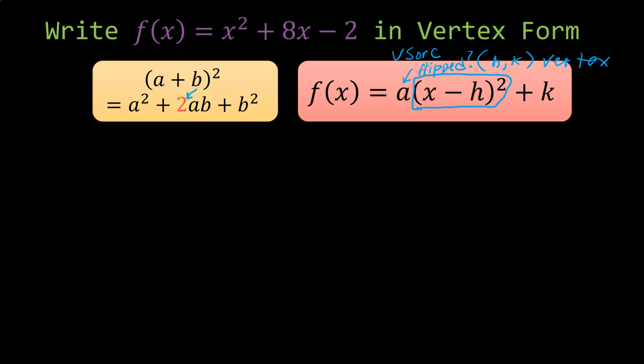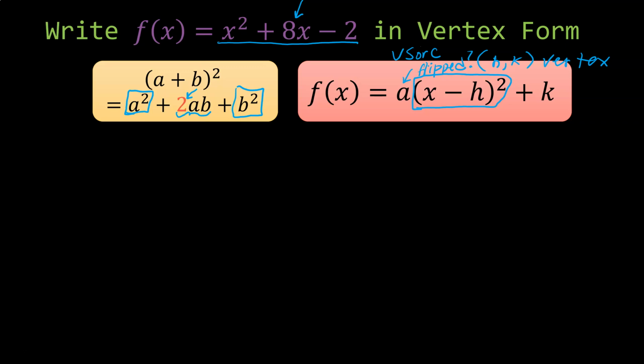So we have the first term squared, the second term squared, and the middle is twice the product of those two. When we go backward, we pay attention to that 8x right there.